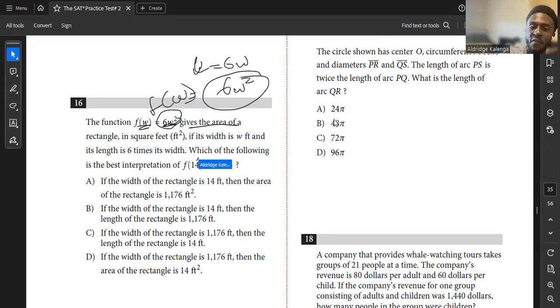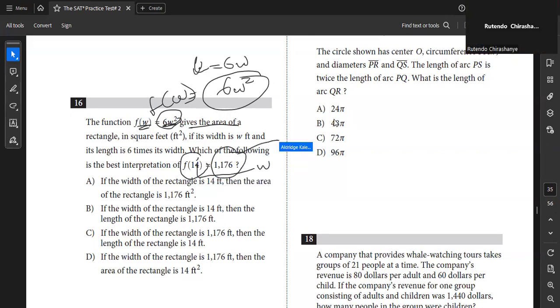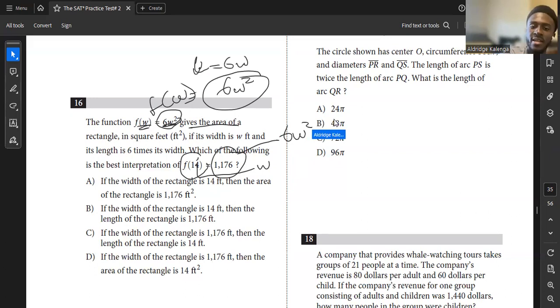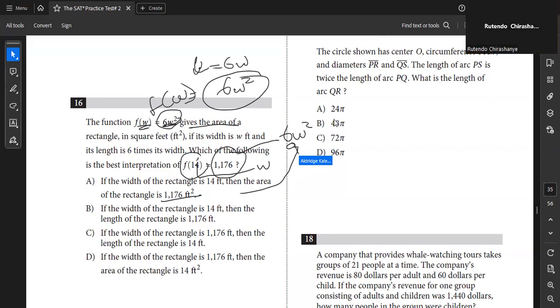So in this case, 14 is w, and 6w squared is 1176. So it means the width is 14, and 1176 is the area in square feet.